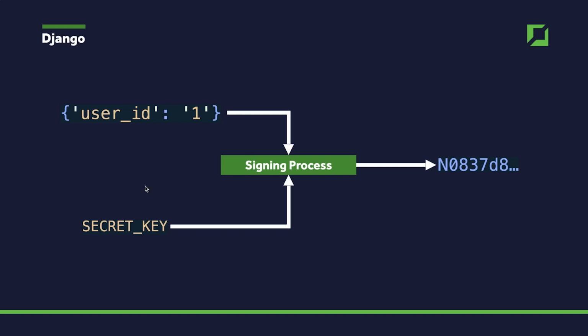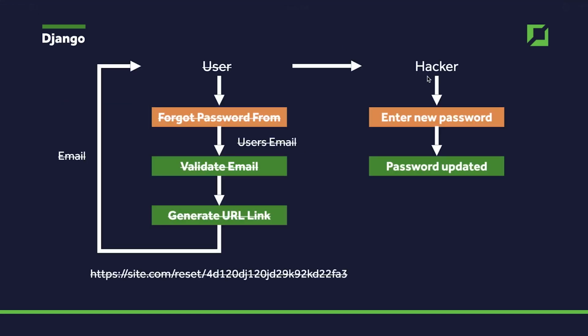Because our system uses the same secret key as their system, they could access our reset page, add the new signed value they've created using the same secret key that we're using, and then change the user's password. Of course, if they also knew the user's username, they then have the username and the password of that user.